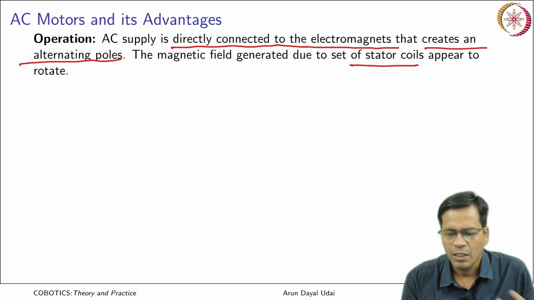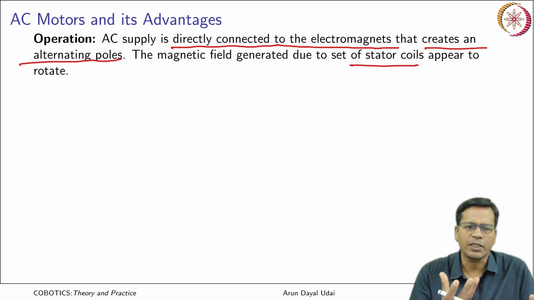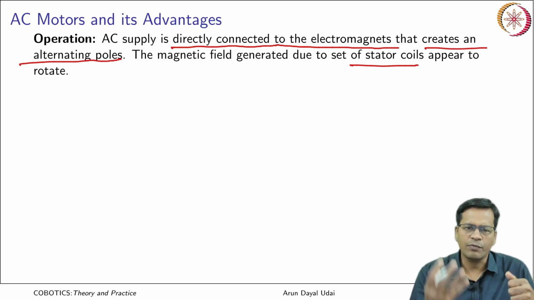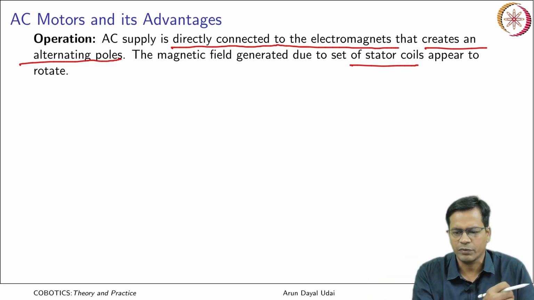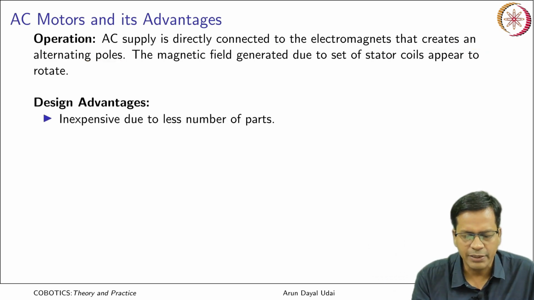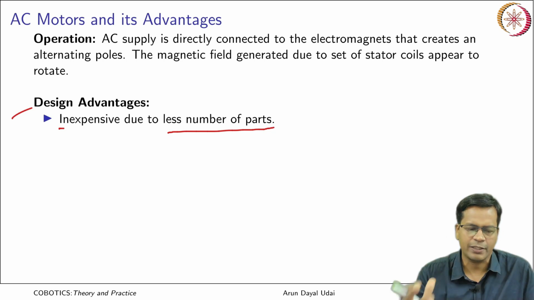So this is not like your BLDC motor. BLDC motor has a stator which has coils which is stationary. Over here you have coils which are again stationary, but the coils are outside, and you have a permanent magnet rotor which is inside.